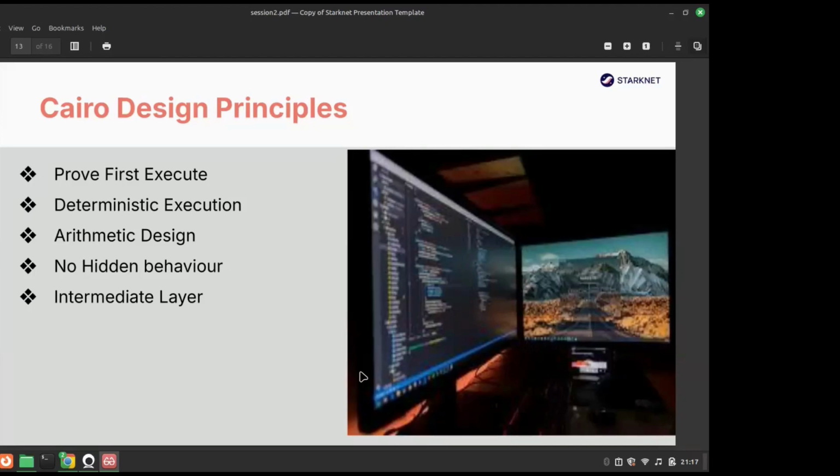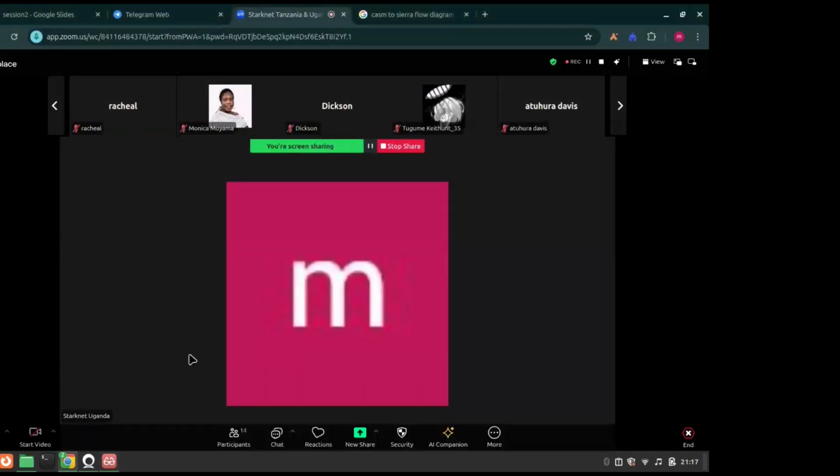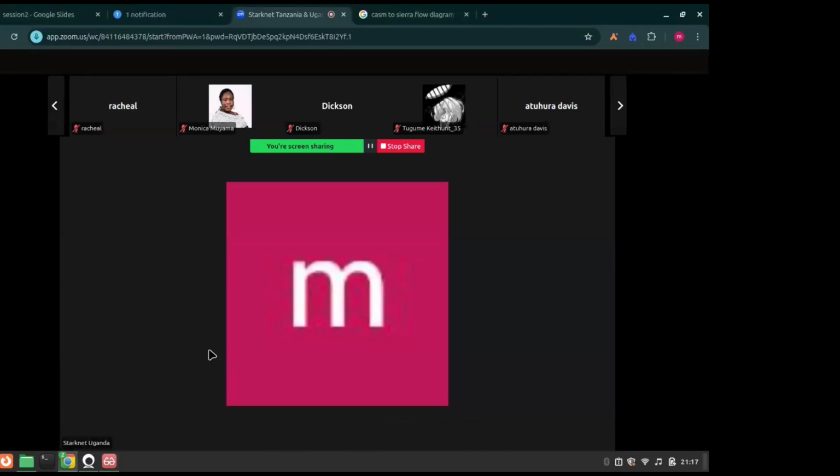In terms of processing, Cairo code is different. We are going to see in our practical session that Cairo as a language has a lot of similarities to the Rust programming language. For those of us who know Rust, we are not going to have a hard time understanding Cairo.